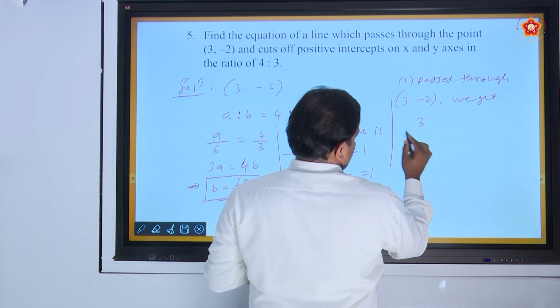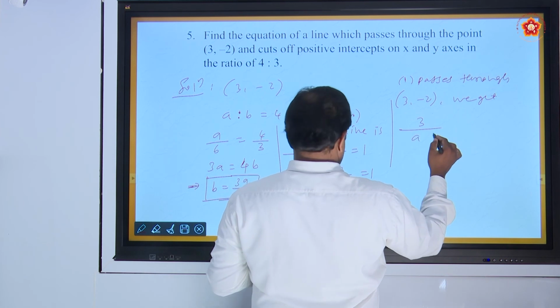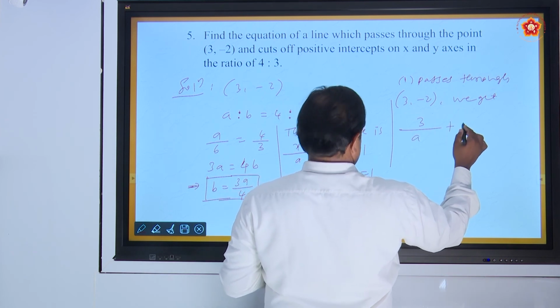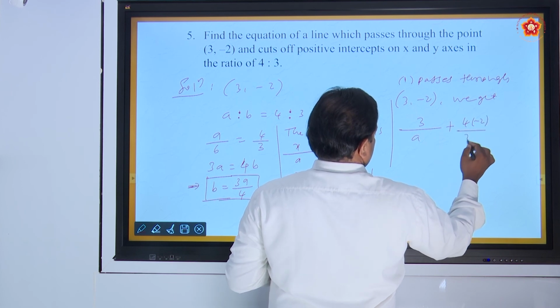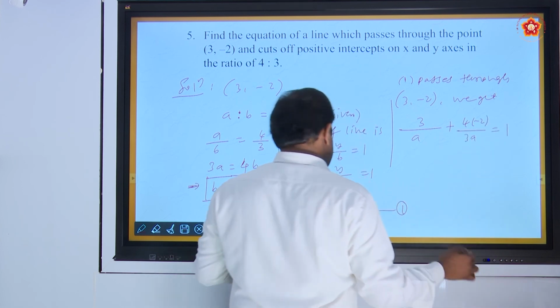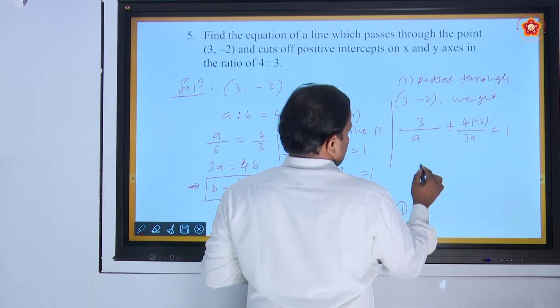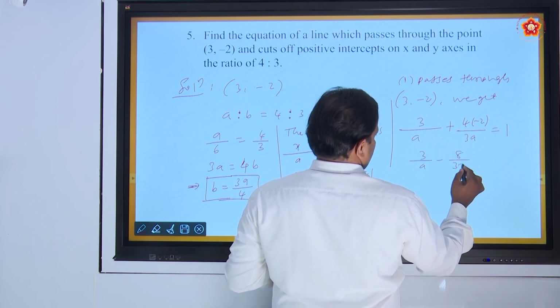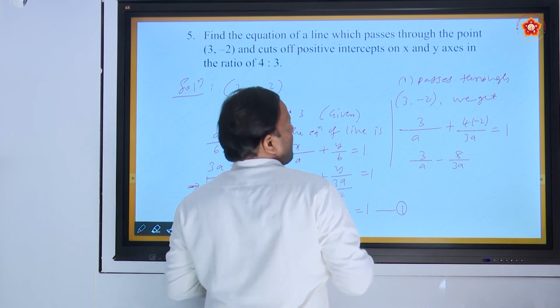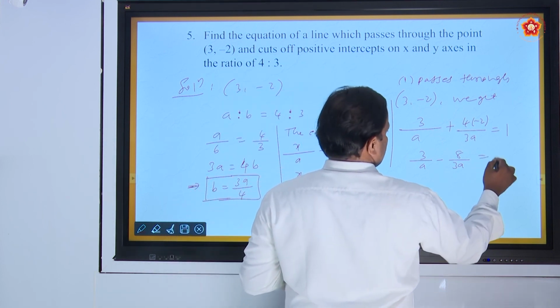This becomes 3 by A plus 4 into minus 2 by 3A is equal to 1. So 3 by A minus 8 by 3A, since 4 times 2 is 8, y is minus 2, equal to 1.